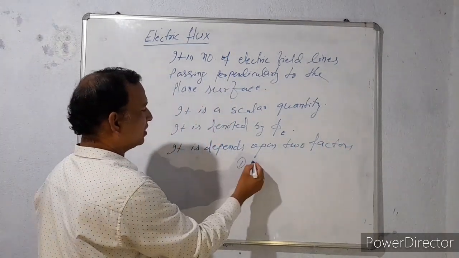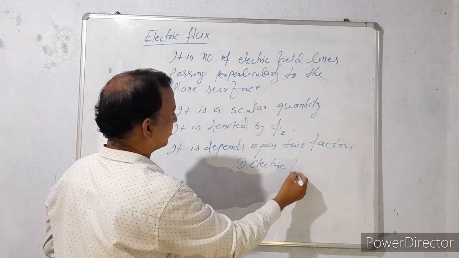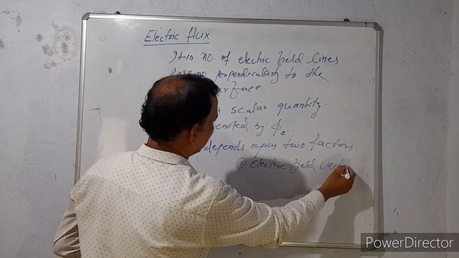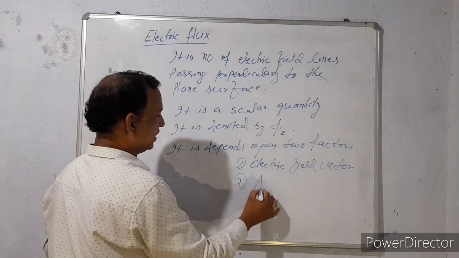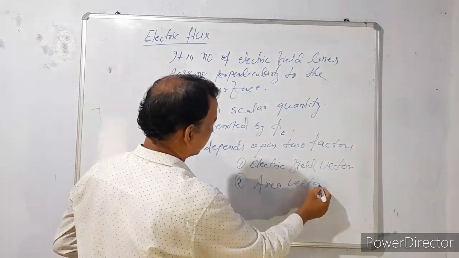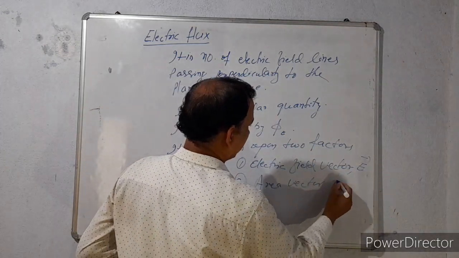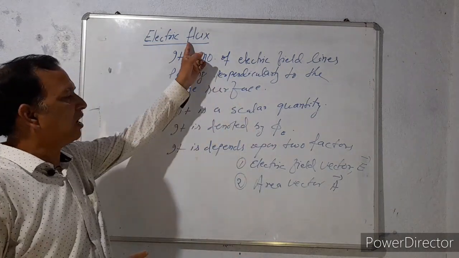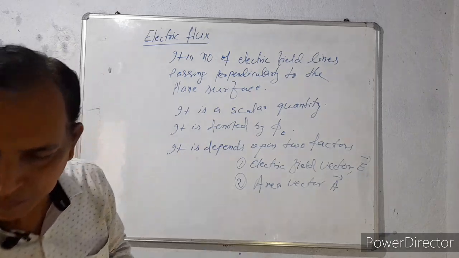Number one, electric field vector. Number two, area vector. Electric field vector, that is E, area vector is A. So these two factors, so phi depends upon E and A. Clear?